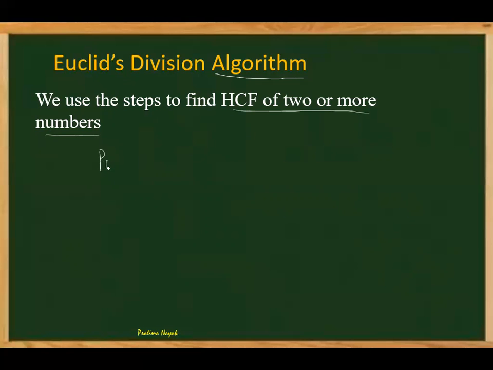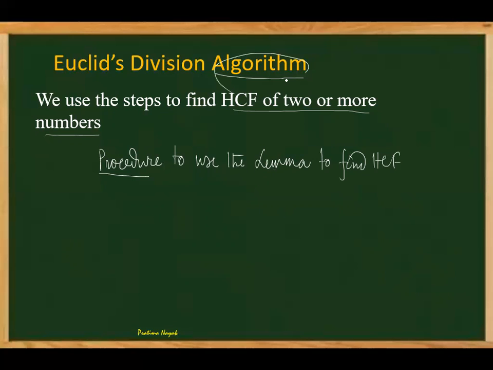It is the procedure to use the lemma or theorem to find HCF. So they are not the same. One is the theorem, the other is the procedure to apply the theorem. So this algorithm is nothing but a procedure and it uses the lemma to find the HCF of two or more numbers. Now let us see what the steps are.